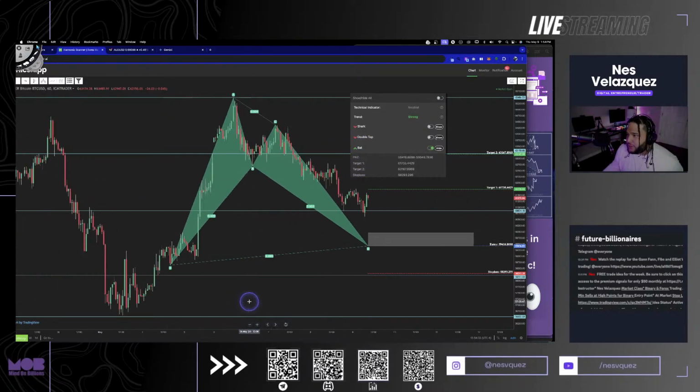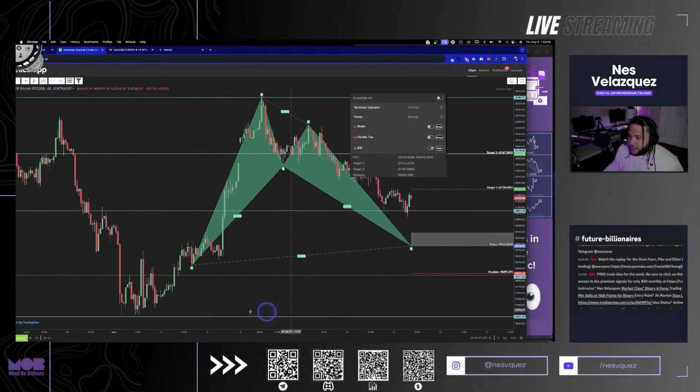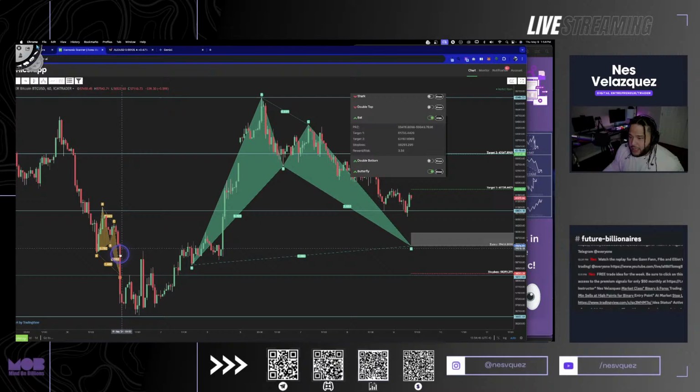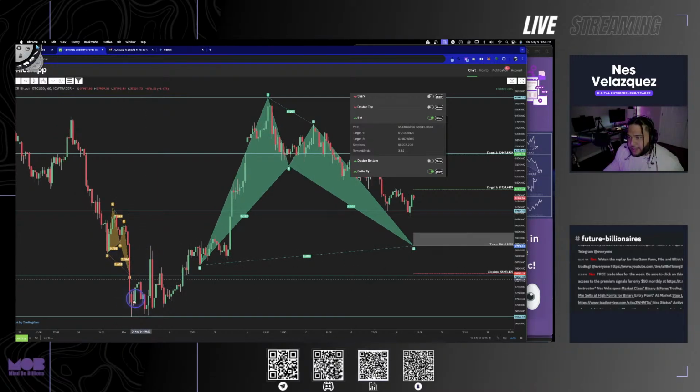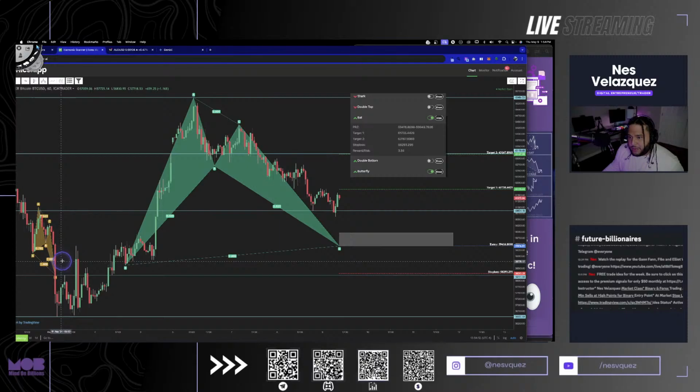Usually harmonic scanners are to detect potential reversals, okay? Yeah, this definitely looks like a harmonic pattern, but it was just off a little bit. Let's click the butterfly again. I believe it was misdirected. This should have been right here.